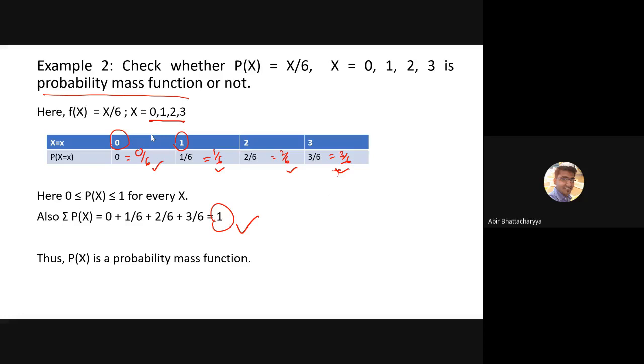We would say that P of x is not a probability mass function. To have a PMF, we need to take the sum of each and every probability, and the sum of all the probabilities is going to be 1 only.